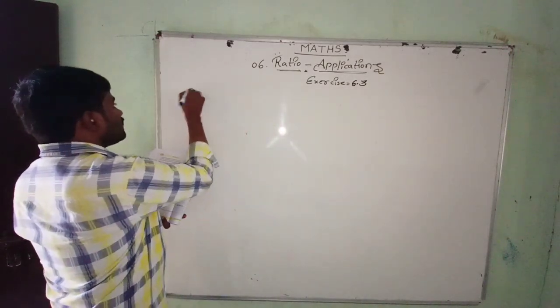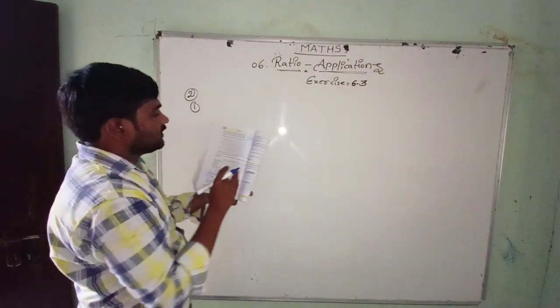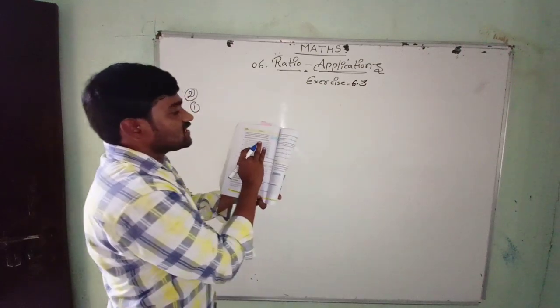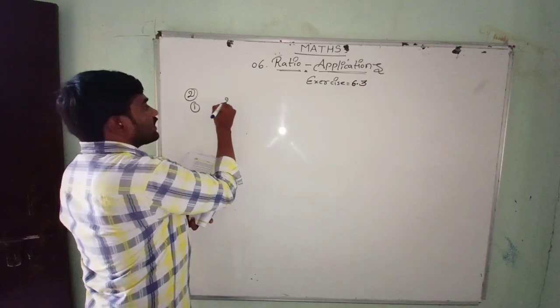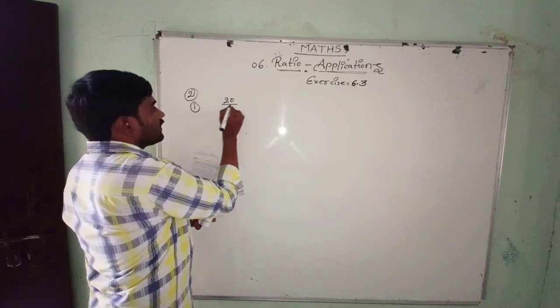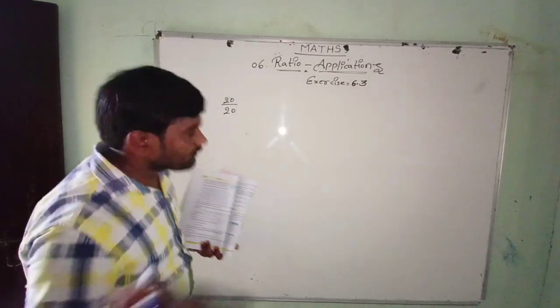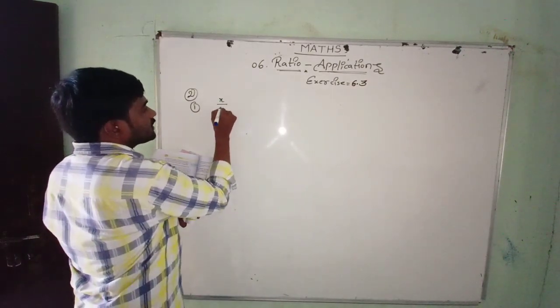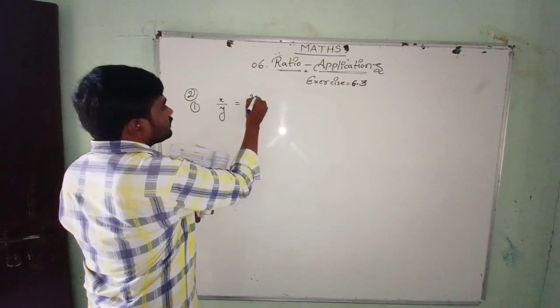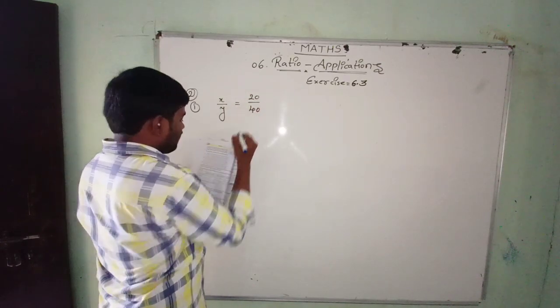So the second bit, in the first one, see that table, whether x is directly proportional to y or not. Let us see how to check. See here, given 20 by 40. So x is given here. I will do it directly. Here you do x by y. X value 20, y value 40.